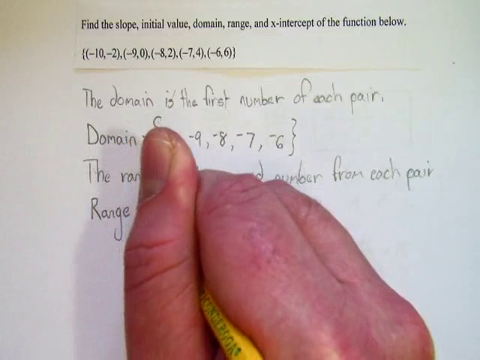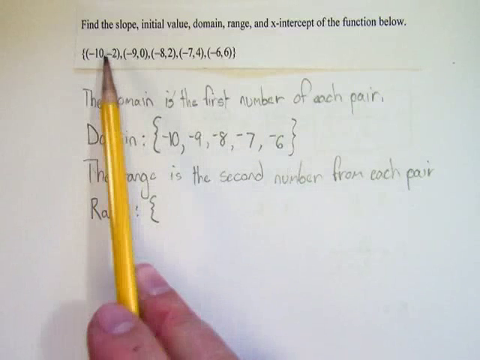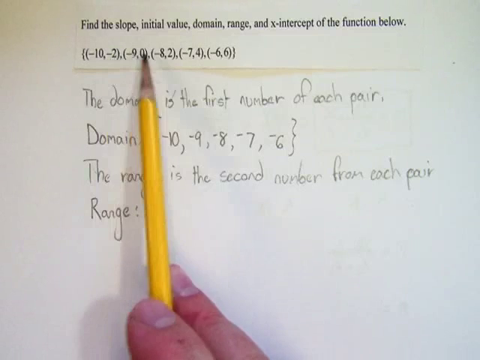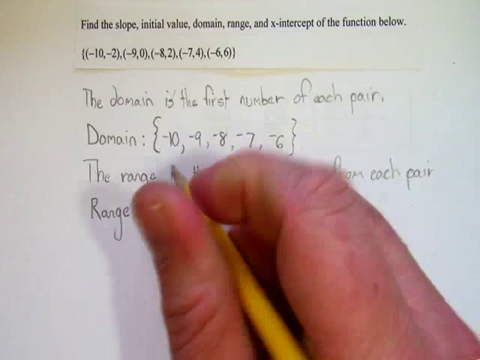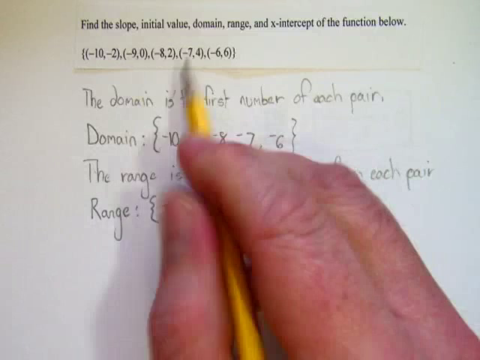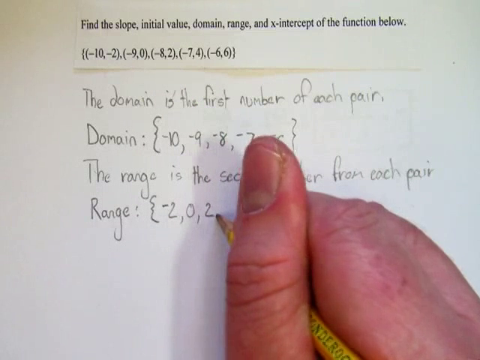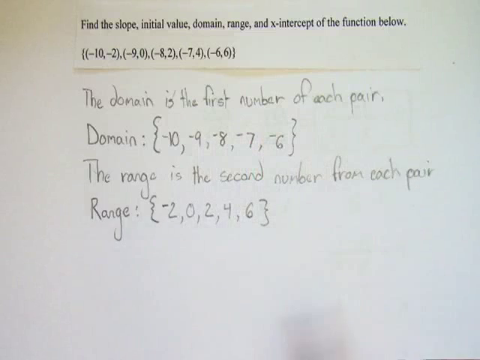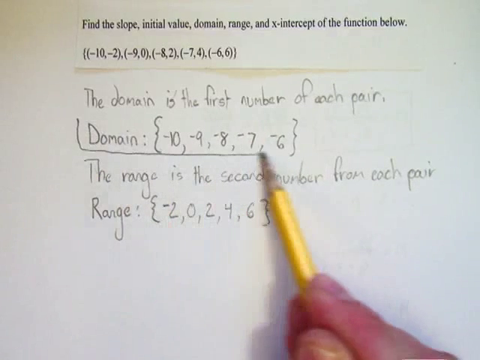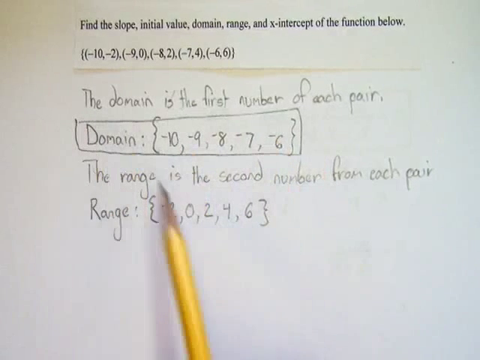We would say that the range is the set of, and now we include all the second numbers. So -2, 0, 2, 4, and 6. So our domain is this set right here.